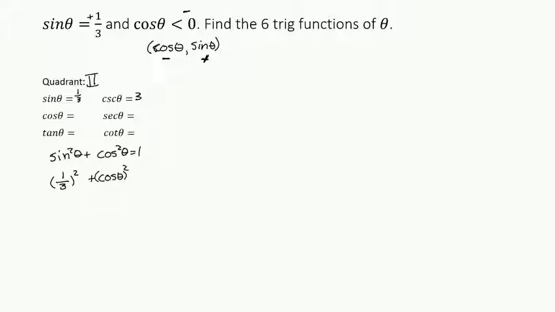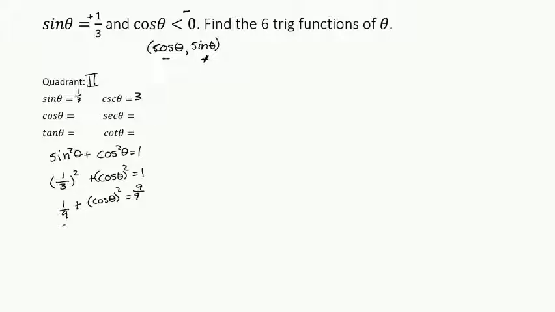And again, you don't have to rewrite it like this. That just helps me see it, that it's being squared. That equals 1. So then we're just going to square the top and the bottom, which is going to give us 1/9 plus cosine of theta squared equals, we can go ahead and change this to 9/9.